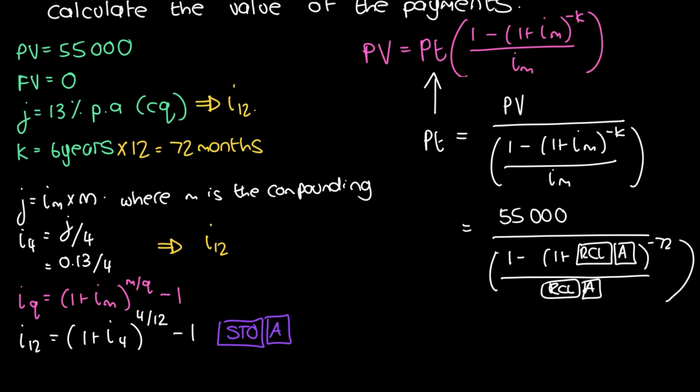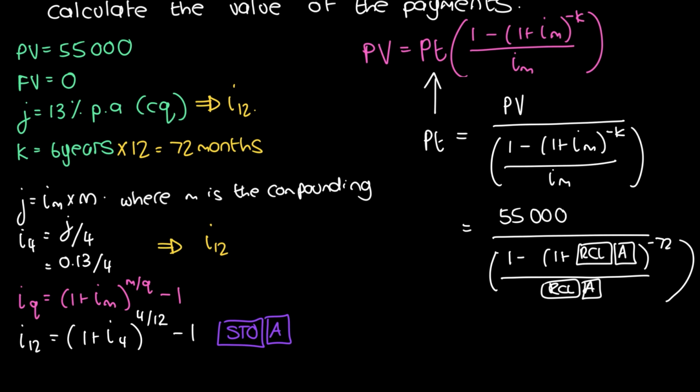Just note that when you put it on your calculator, this would just show as A, and this is just going to show as A. And let's just clean that up so you don't see all the mess. There we go. So now that's what we're going to put into our calculator.